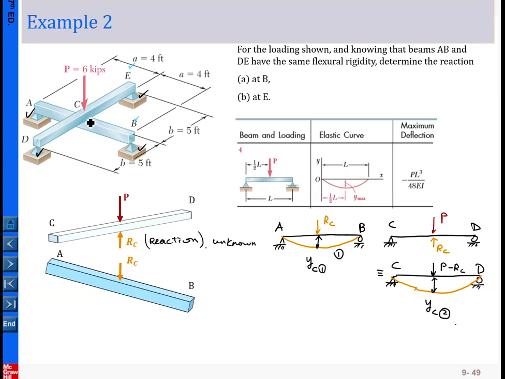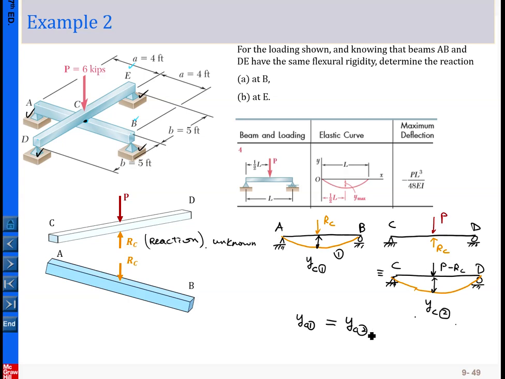And from the original problem statement you can see that if both of the beams are not fractured, not broken, then the deflection at point C must be consistent. Which means the YC from this case must equal the YC from this case. So this is called the compatibility equation.